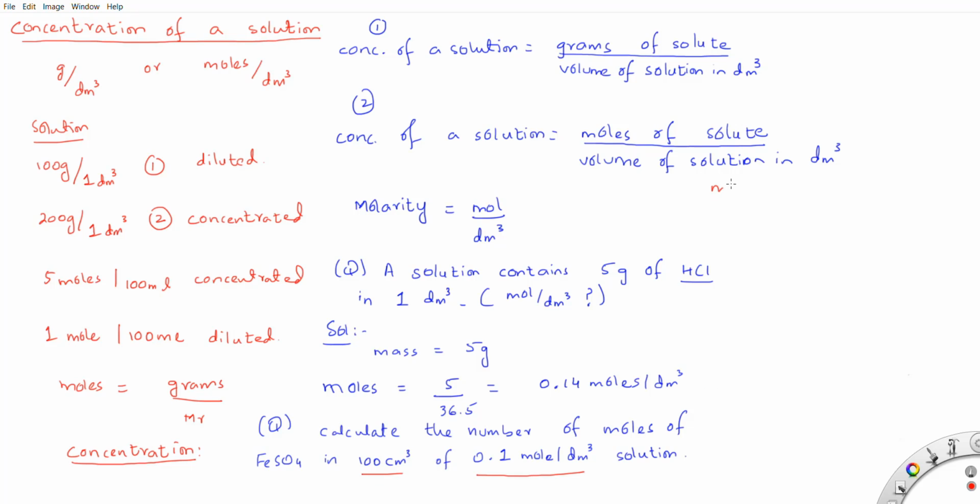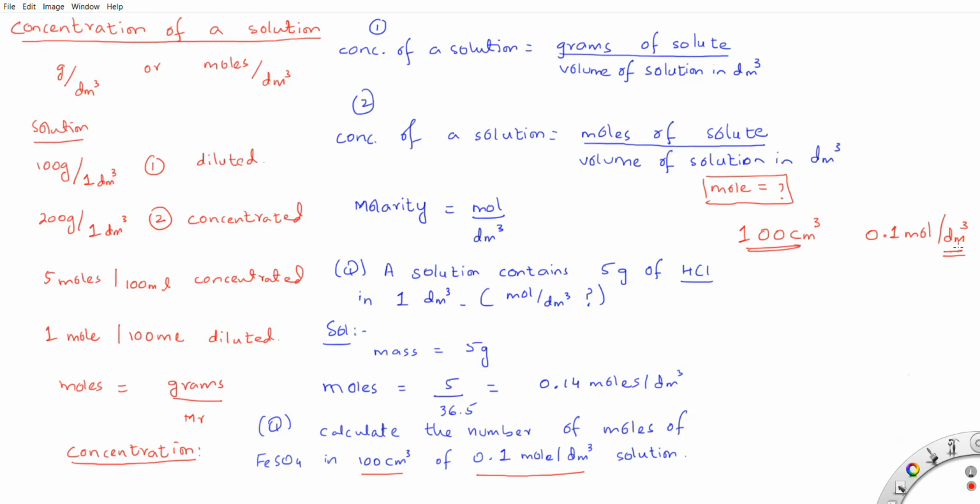So what I recommend is that you just need to focus on the given numbers with their units. You're given 100 cubic centimeters and you're given 0.1 mole per liter of any solution, and you are intended to work out the number of moles. So first, this is a unit mismatch. It is cubic centimeters and it is cubic decimeters. So I would recommend that, in order to proceed, you need to match these up.